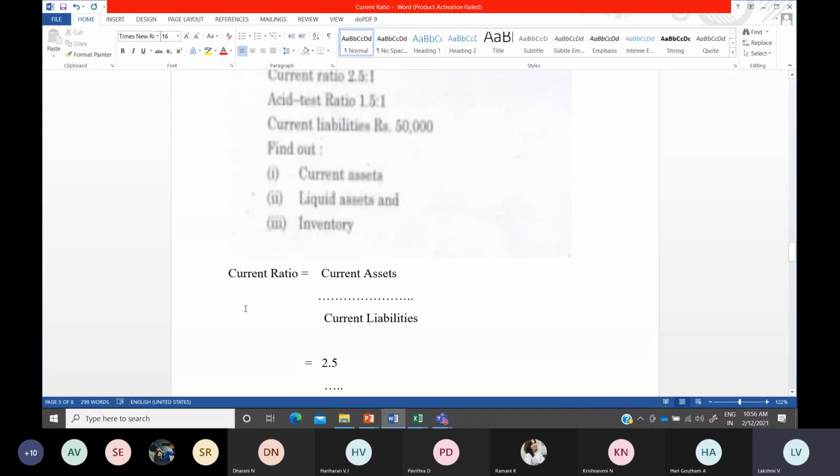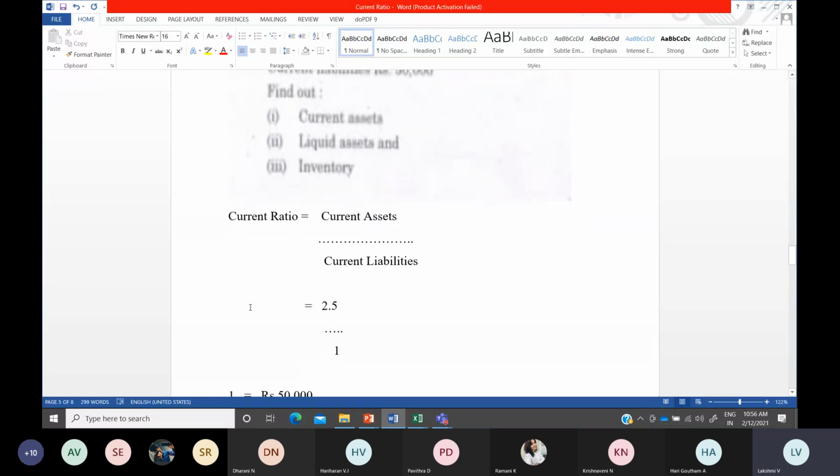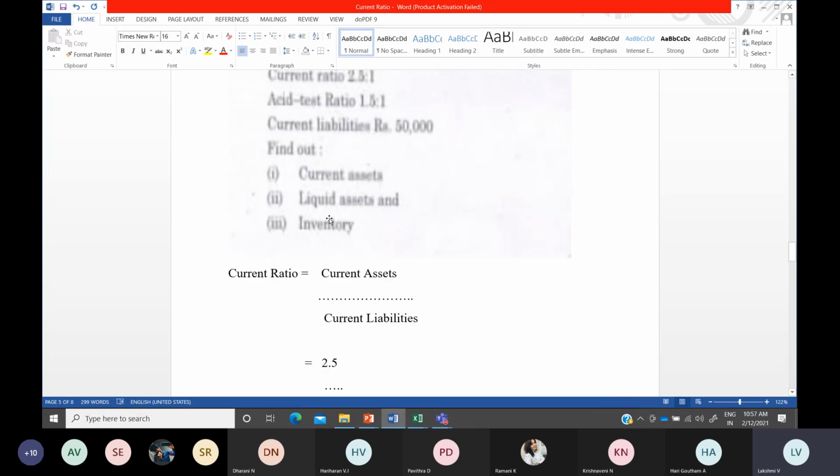Only inventory is there. Now I want to find out the inventory value. So how to find this inventory value? If I subtract liquid assets from current assets, I can get the inventory value, since prepaid expenses are not there by assumption.